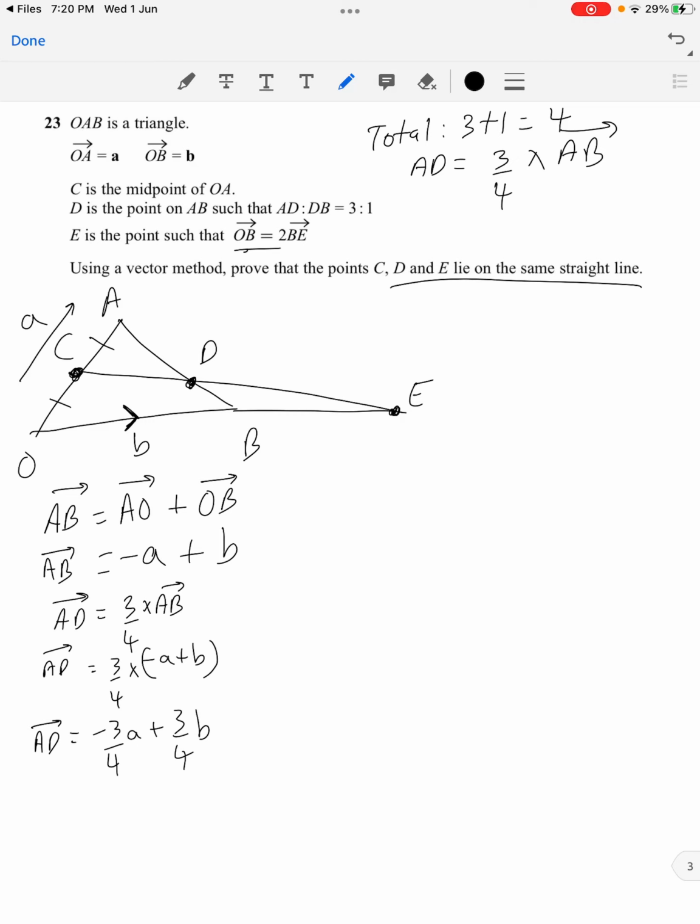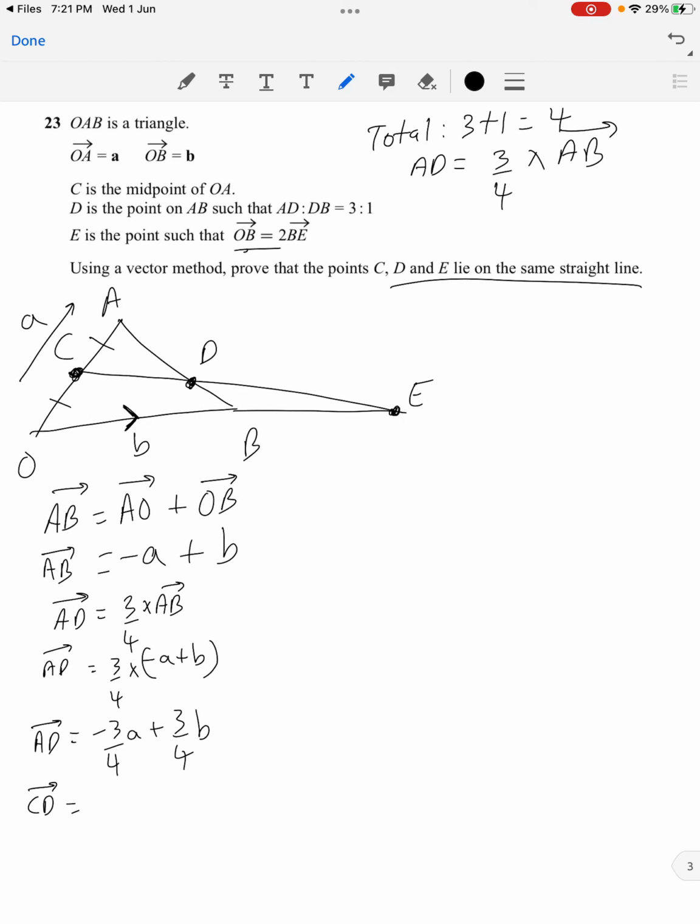Now we have to find out what CD is, okay? Since we have to prove that C, D and E lie on the same line, we have to find the vector CD. How we're going to find CD is we're going to use this triangle. Can you see this triangle ACD?